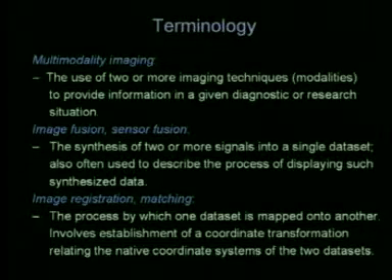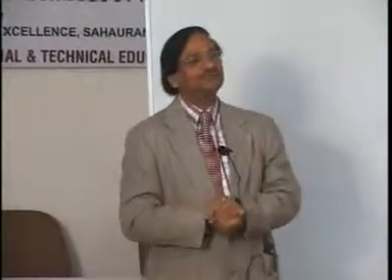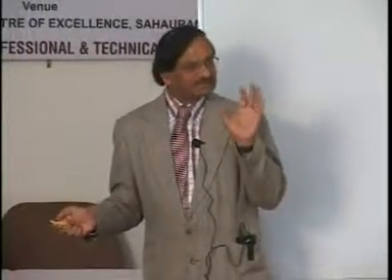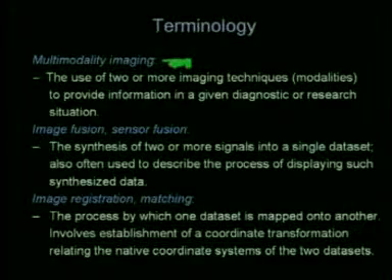There is certain mixed terminology that is used: fusion imaging, fusion sensors and multiple things like that. But the terminology has to be very well defined. Multi-modality imaging means when you are using two or more imaging modalities to image a patient. This is simple.